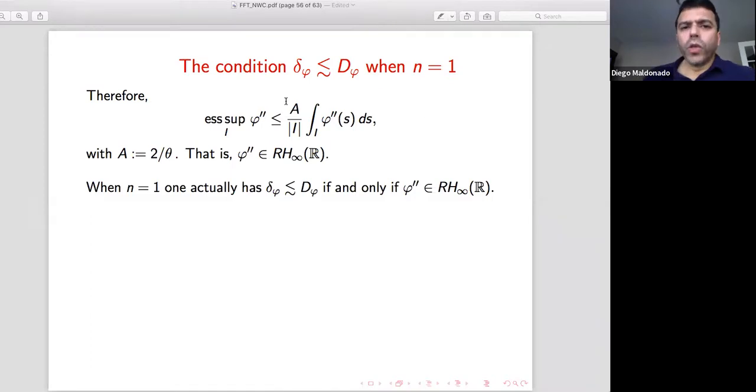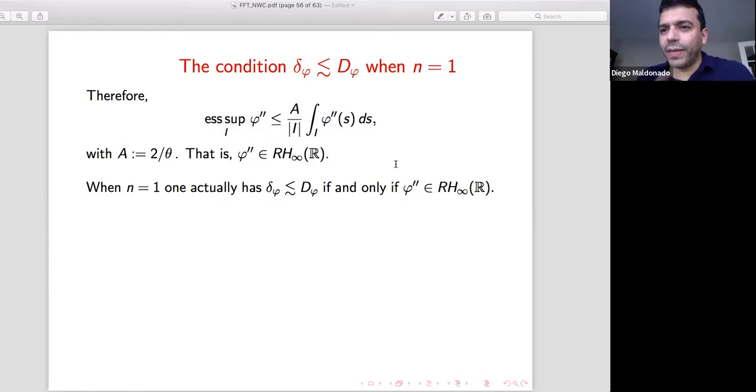All right, so we already said that when dimension is 1, this condition, delta controlled by D, is equivalent to the second derivative, the Hessian, having this reverse Hölder inequality.